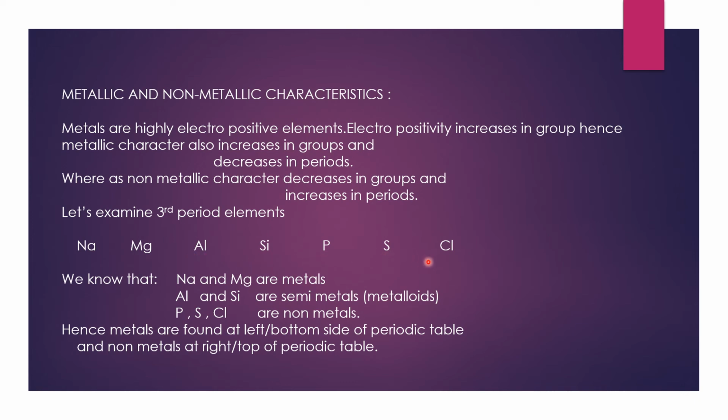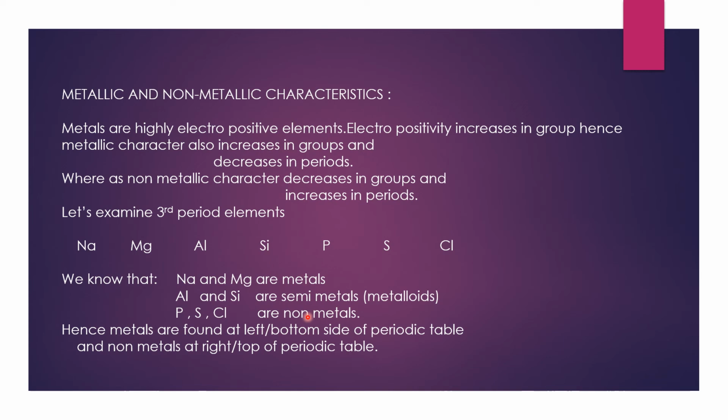Let's see an example, considering the third period elements: sodium, magnesium, aluminium, silicon, phosphorus, sulfur and chlorine. Sodium and magnesium are metals. Aluminium and silicon are semi-metals, meaning they have the properties of metals as well as non-metals, so they are known as metalloids. Phosphorus, sulfur and chlorine are non-metals.